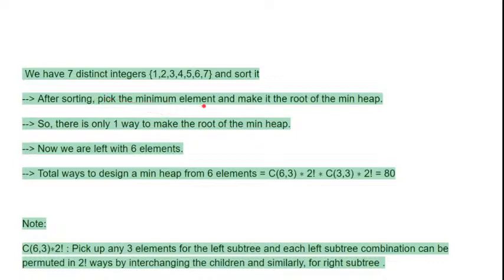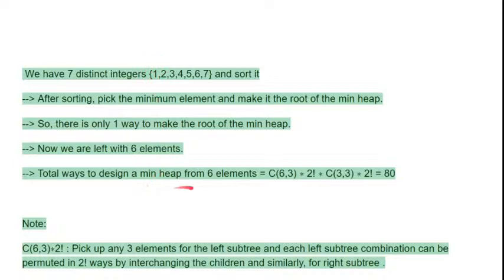After sorting, pick the minimum element and make it the root of the min heap. So there is only one way to make the root. So we are left with 6 elements out of 7.